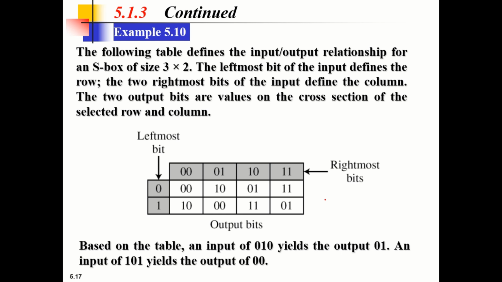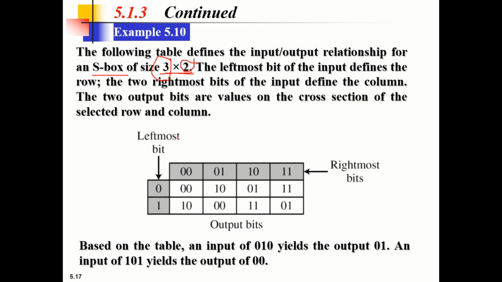Next is this table, which defines the input-output relationship for this S-box of size 3 by 2. Right, so 3 by 2 means we have 3 inputs and 2 outputs.